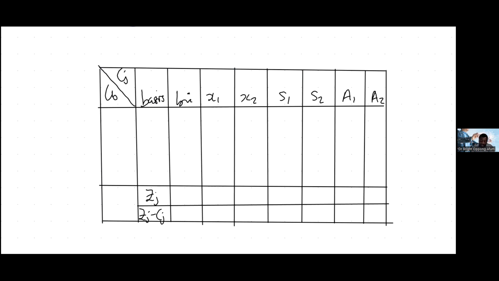But now we are minimizing the function. All right. So the new artificial objective function is such that x1 is 0, x2 is 0, s1 is 0, s2 is 0, A1 is 1, A2 is 1, right? Because remember, we said we are minimizing a function A1 plus A2, right? So all the rest are 0.